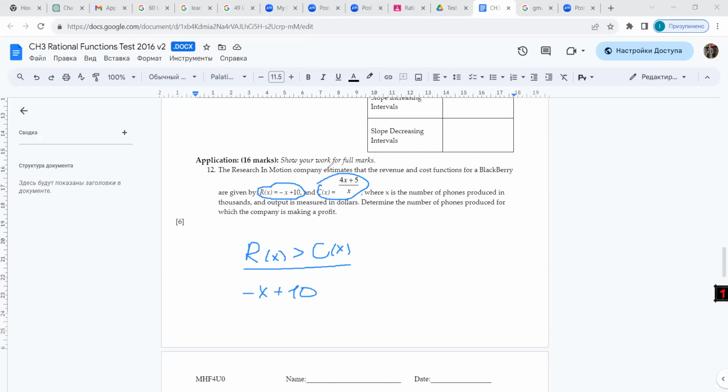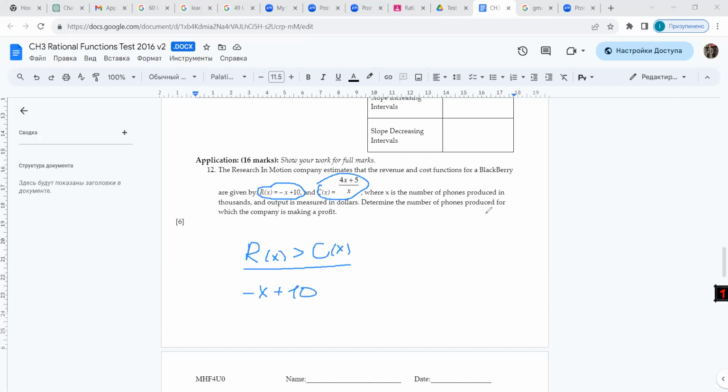Let me read the question for you. The Research in Motion company estimates that the revenue and cost functions for a BlackBerry are given by R of x equals negative x plus 10 and C of x equals 4x plus 5 over x, where x is the number of phones produced in thousands, and output is measured in dollars.